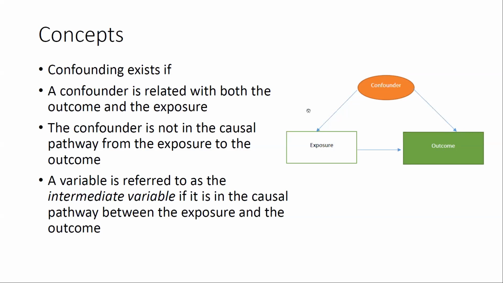So in order to be a confounder, the confounder must have an impact on the exposure, and also have an impact on the outcome, instead of the other way around. Those are the two necessary conditions to define a confounder.